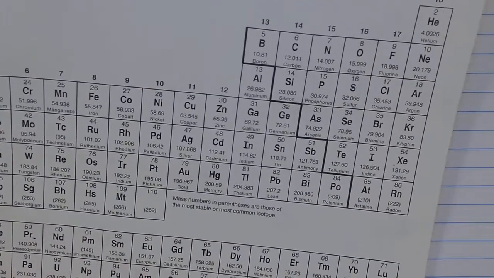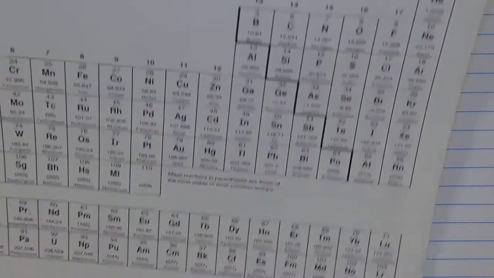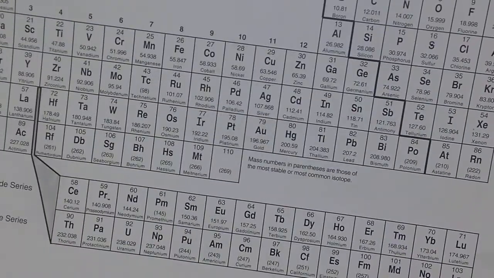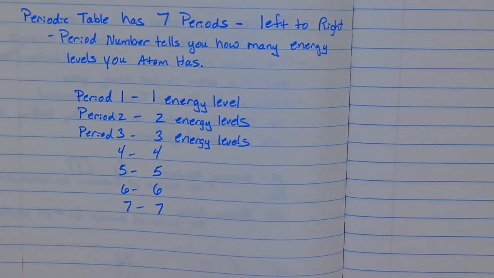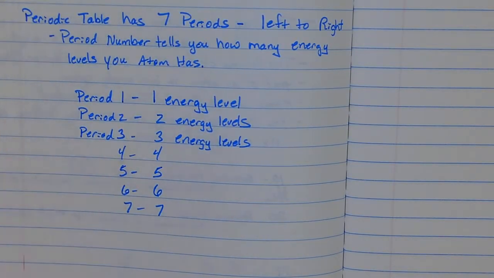So if you were drawing an atom anywhere between francium and lawrencium here, because remember lawrencium is part of period 7, it would have 7 energy levels, and it would be a massive atom that you would be drawing if you drew those. Okay, so that's how you figure out how many energy levels your atom will have, and it'll make sense hopefully here in just a few minutes.